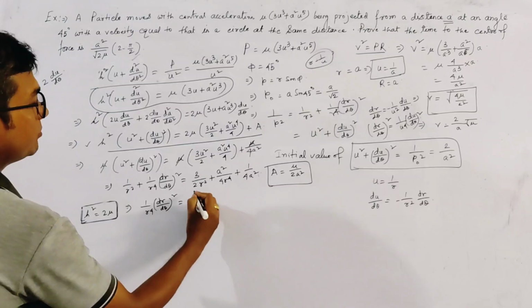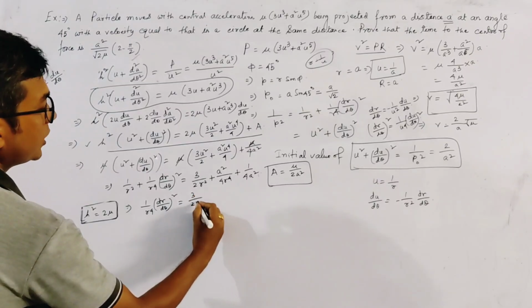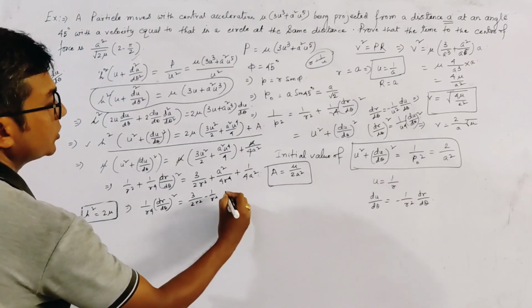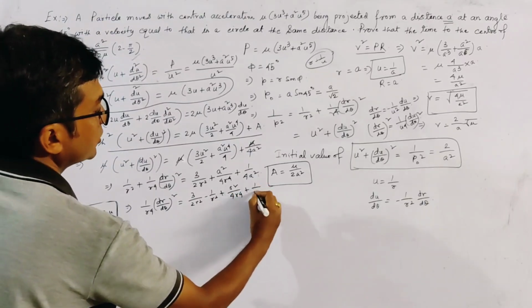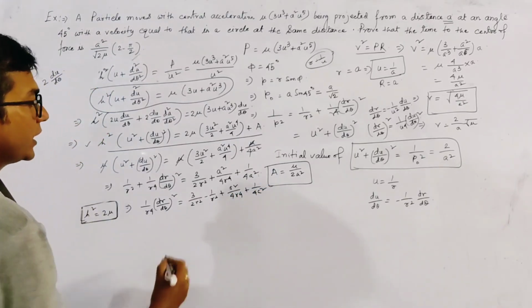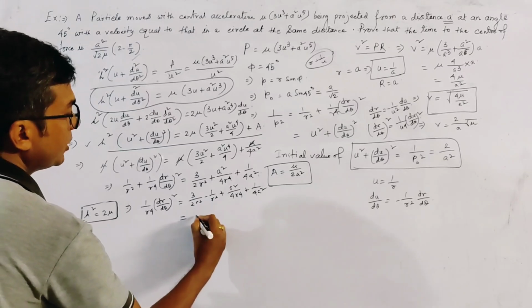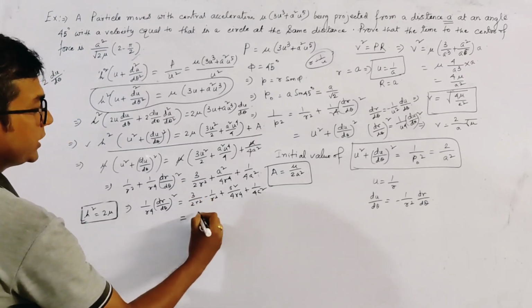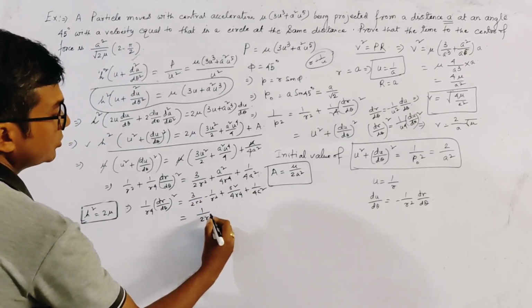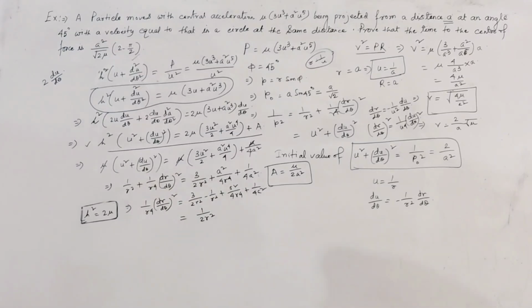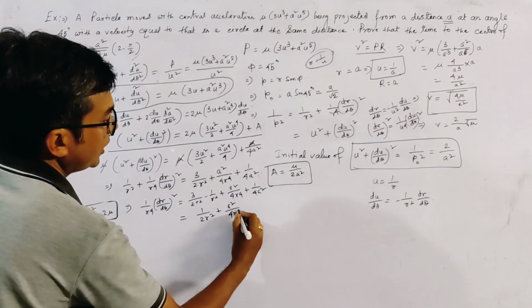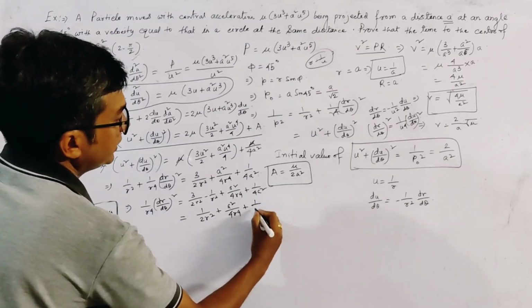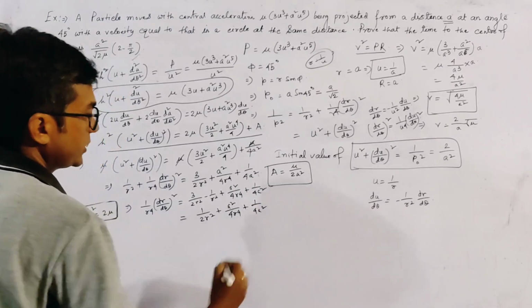This is given by 3 by 2 r square minus 1 by r square plus a square by 4 r to the power 4 plus 1 by 4 a square, and this is given by 3 by 2 minus 1, that is 1 by 2 r square, right? 1 by 2 r square plus a square by 4 r to the power 4 plus 1 by 4 a square.